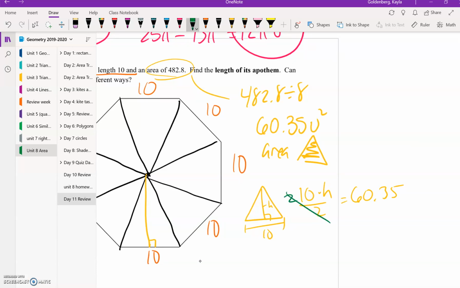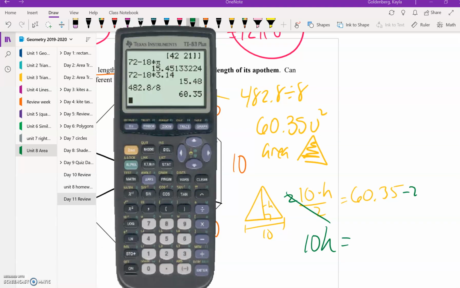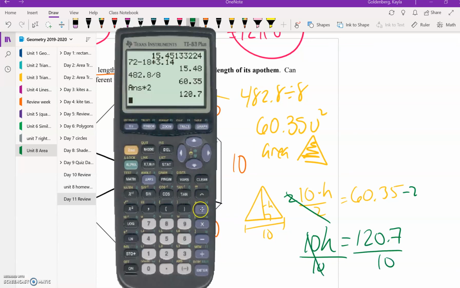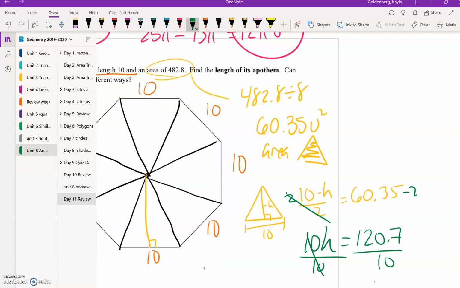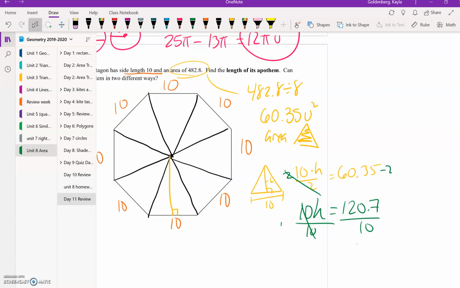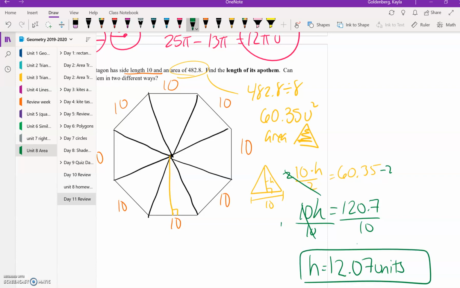So if I do times 2, 10 times h would be 120.7, divided by 10. So it looks like my height is 12.07. And it's just a regular height, so it's just units, no units squared unless I have area.